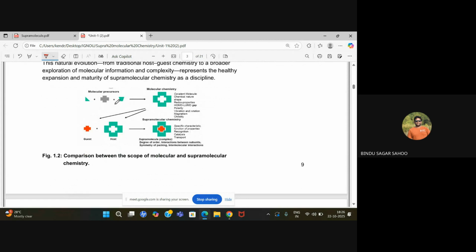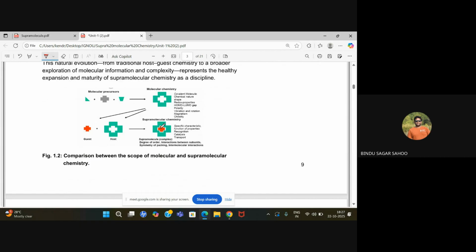The upper one is the formation of a host. We can combine two or three components to form a macrocyclic ligand just like that. When only the host is formed, the basic component of supramolecular chemistry, it is a covalent molecule and the interactions are covalent.